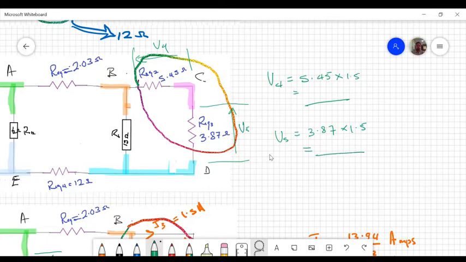Again, going to my calculators, I have 5.45 times 1.5, that's 8.2 volts. And V5 is 3.87 times 1.5, and that gives me 5.8 volts.